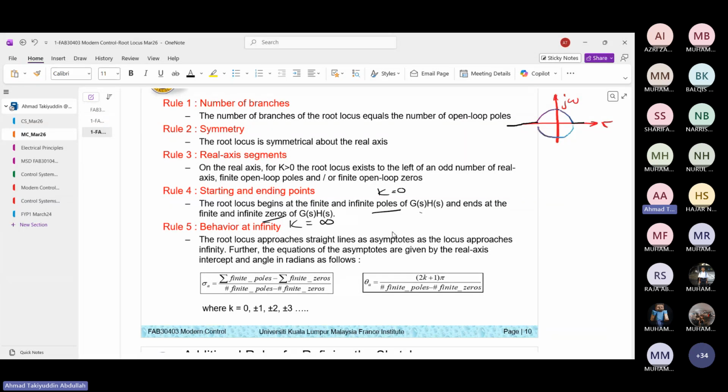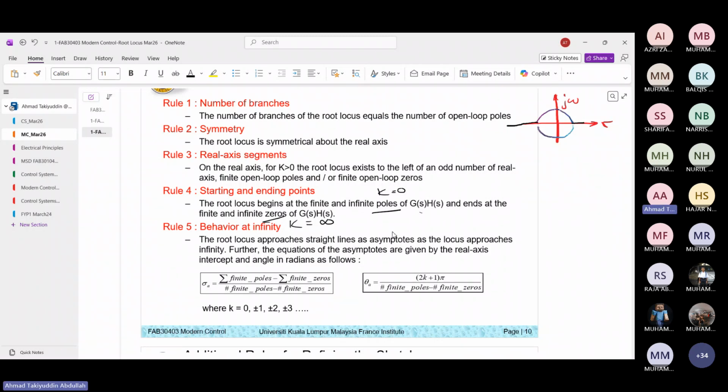They are all basic rules that we need to have, which means you need to consider these 5 rules at least before you can come out with the plot of the root locus. These 5 rules are compulsory for you to have in your consideration.